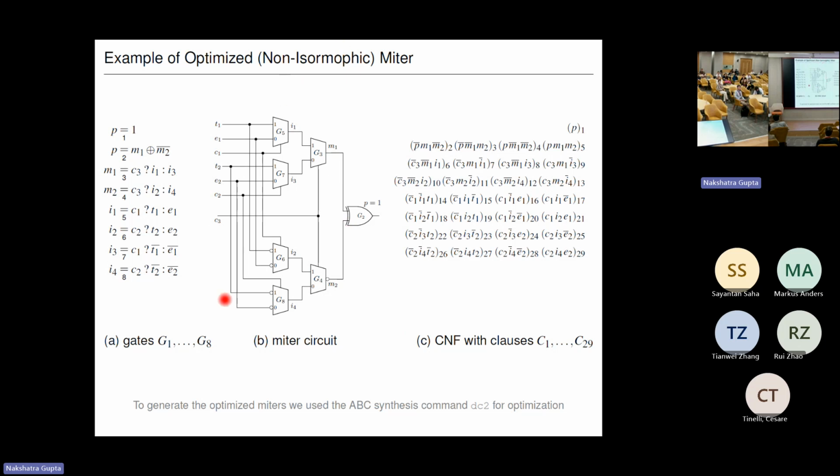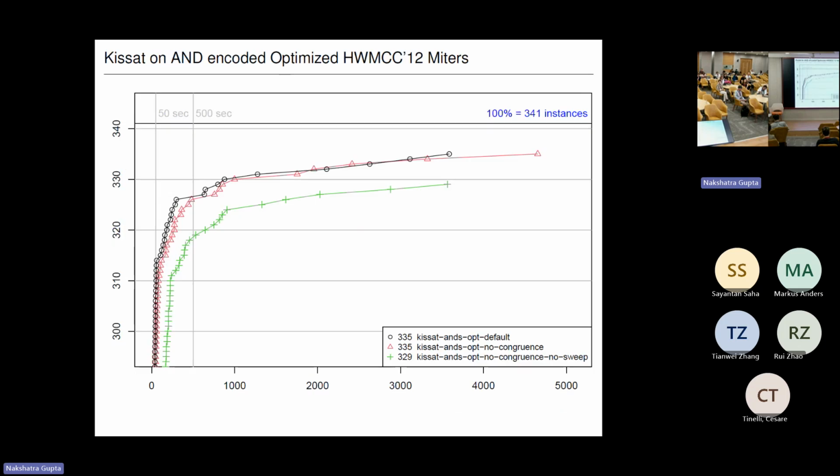And actually in the experiment, and also already back in the submission to the competition in 2013, we simply optimized these miters, these circuits, with a state-of-the-art synthesis tool, which does some optimization. And this is the optimization we used. And there the difference is not that much, right?